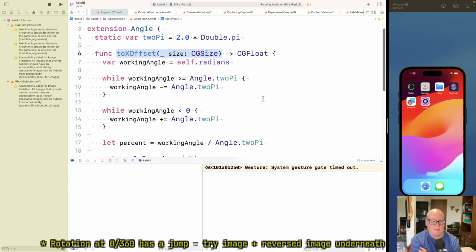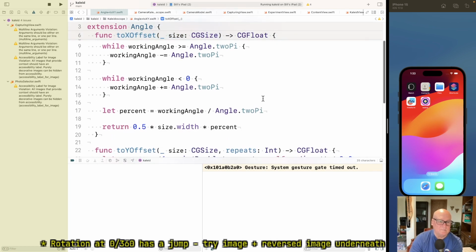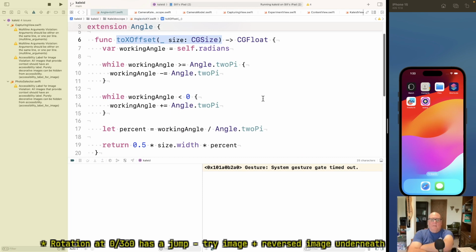Percentage of angle over 2 pi. Okay, so we take the angle, 0 to 2 pi takes us off the page.